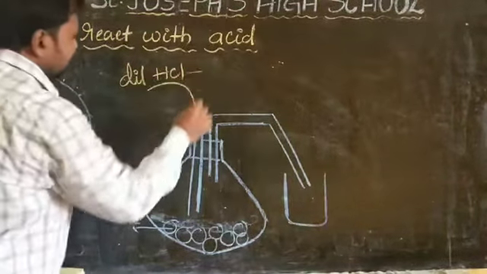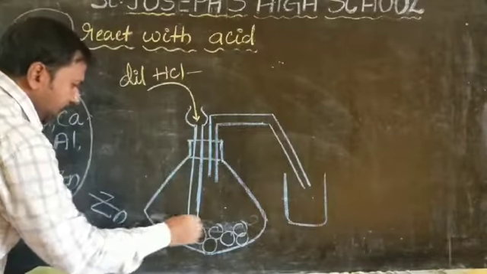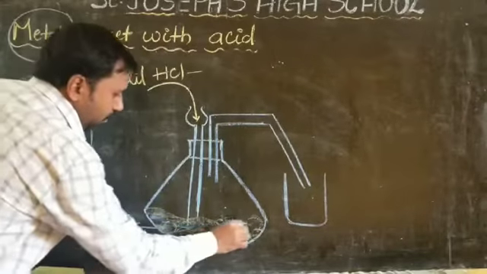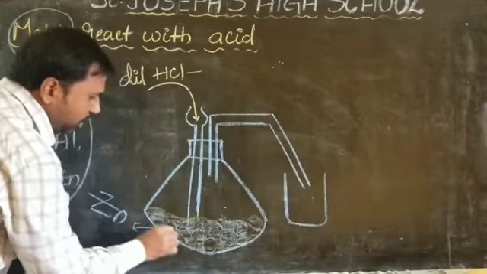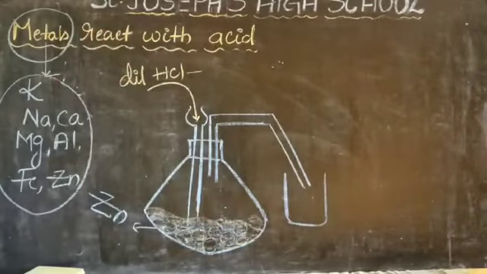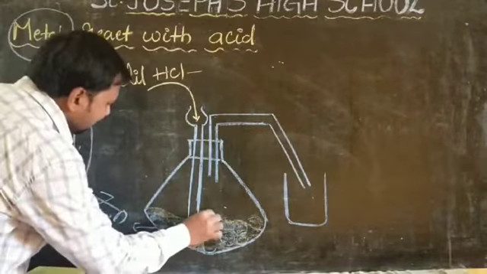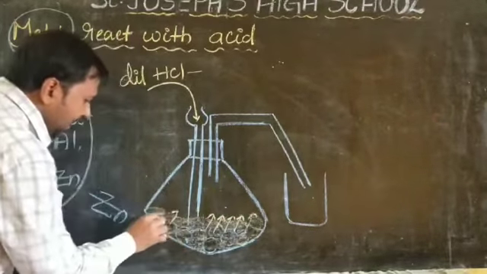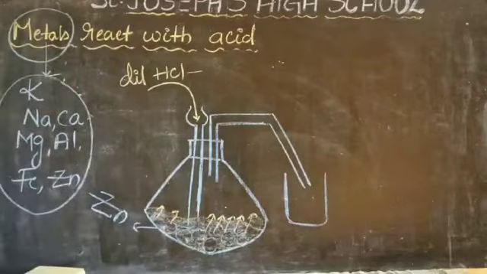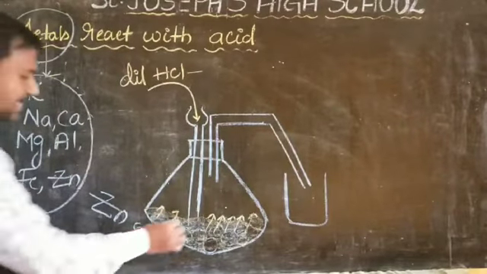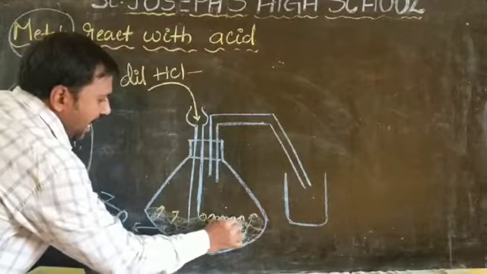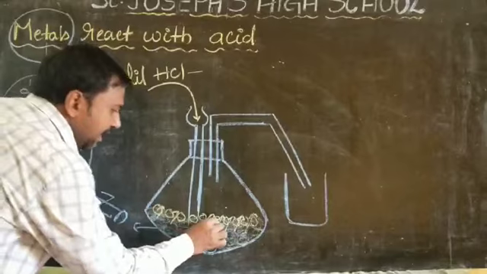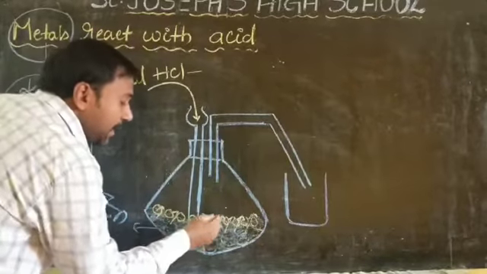When we add this acid through the thistle funnel, the acid comes into contact with the zinc granules. When the zinc granules and acid start to react, what you will observe is that some bubbles will evolve, and after reaching the surface of the solution, the bubbles will burst. Bubbles mean what?